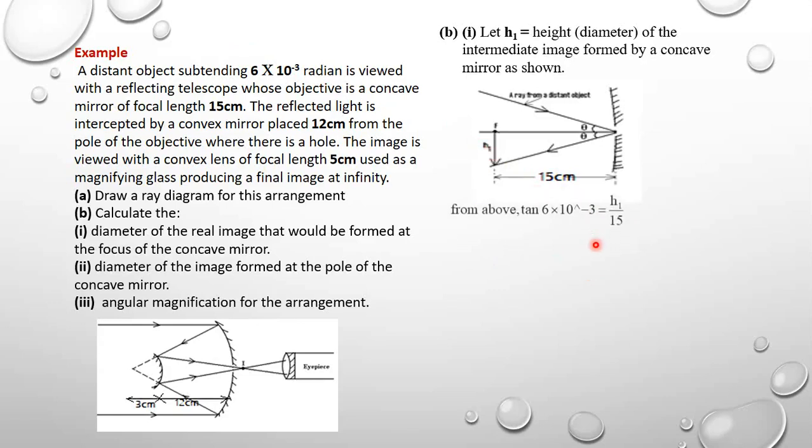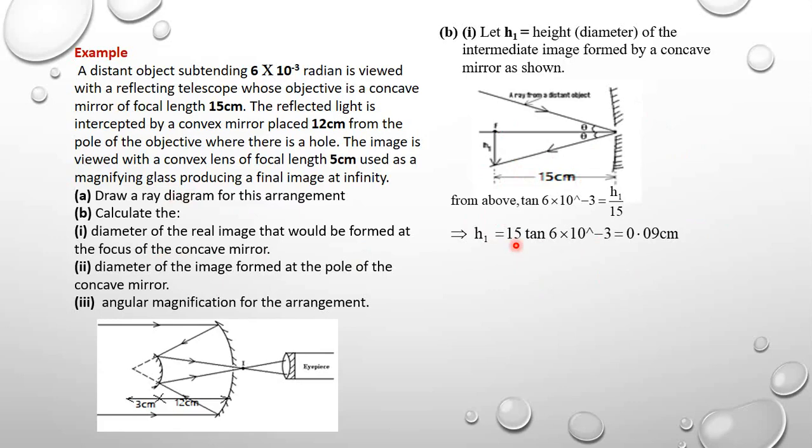And therefore h1 is 15 times 6 times 10 power negative 3, and that will give us 0.09 centimeters. So that will be the height of the image formed at the principal focus of the concave mirror, and that is also the diameter of that real image.